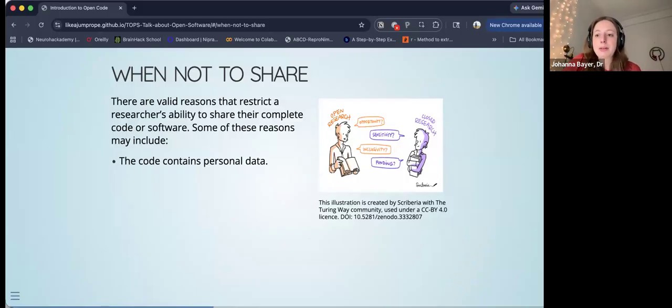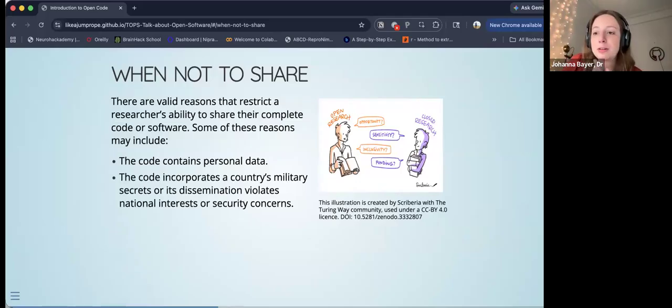Sometimes I work with data where the disease that I'm looking at is so rare that you could still potentially identify people, for example, from where they live and what the diagnosis is. So that's one of the cases where you shouldn't share data.